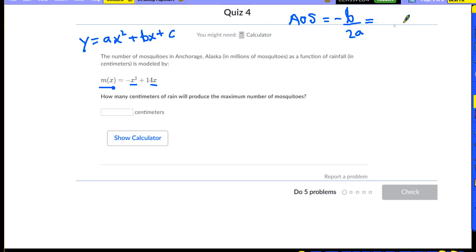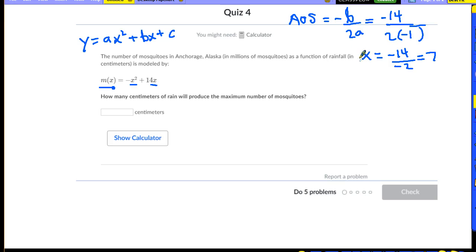Our b is 14, so it's negative 14 all over 2a, so over 2 times whatever a is. And in this case, we can see that the number in front of the x squared is negative 1. So I'll put that there. And then if we do the math, what we get is negative 14 divided by negative 2, and that is positive 7. And that is the x value. That is the x value for the AOS.